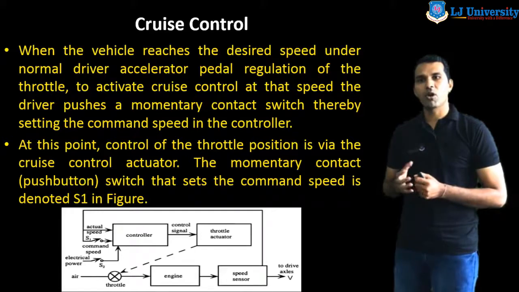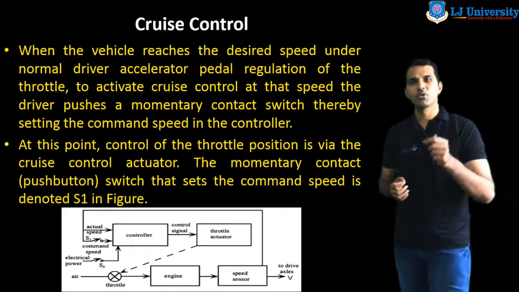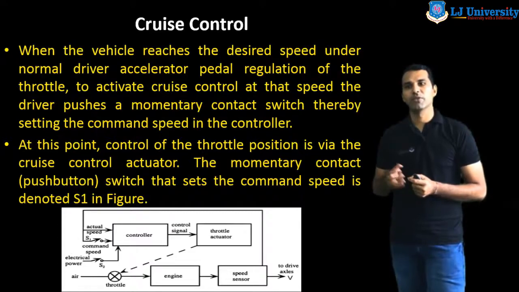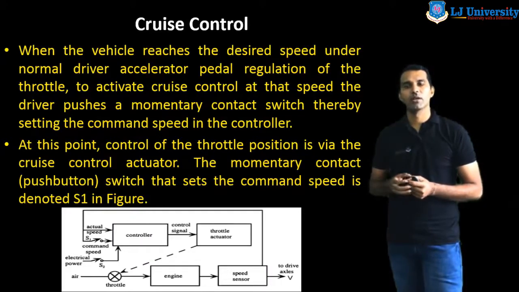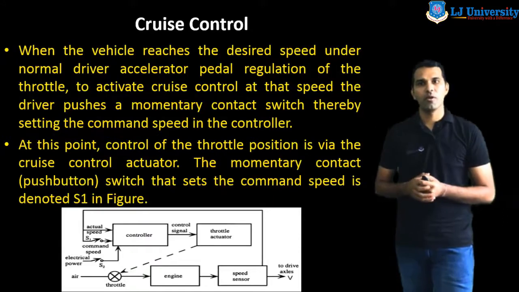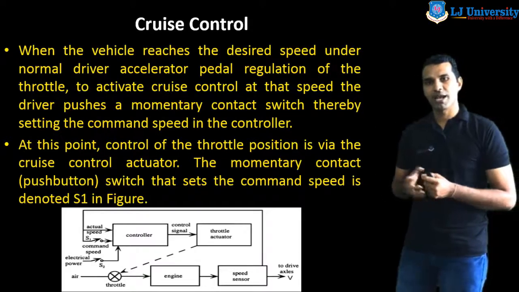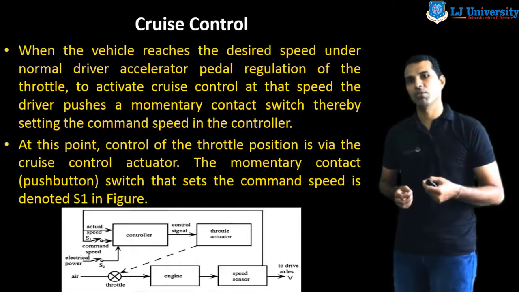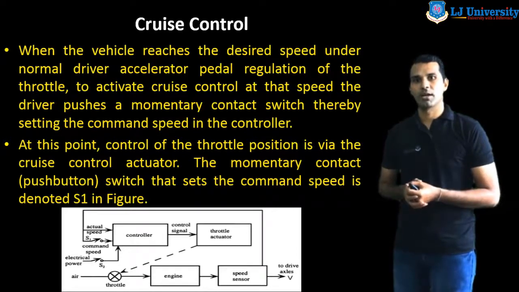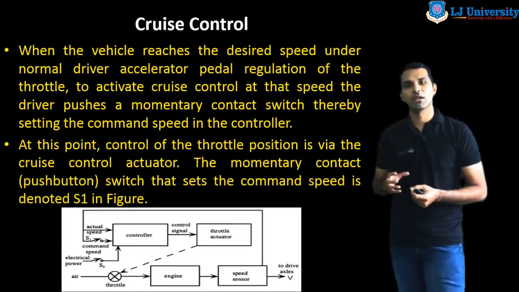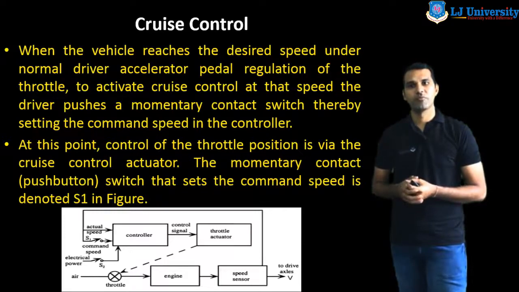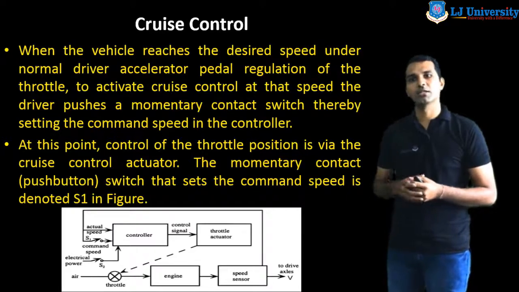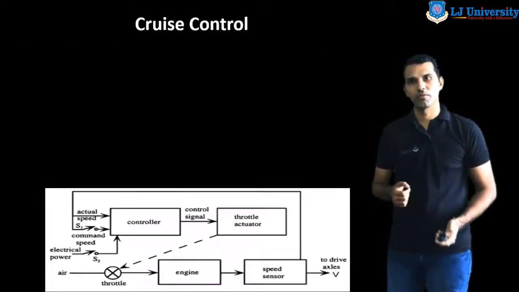The momentary contact, that means a one push button switch that sets the command speed, is denoted S1 in the figure. The driver sets his desired speed, like 60, 70, or 80 km per hour, by using the S1 switch, and this signal goes to the controller.